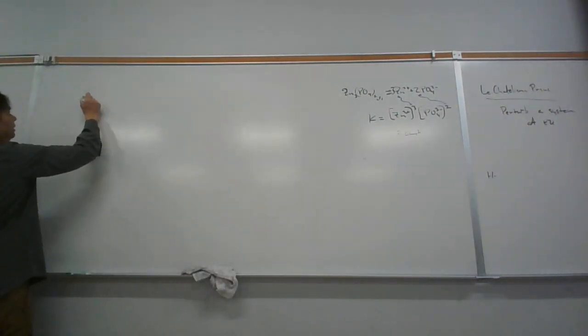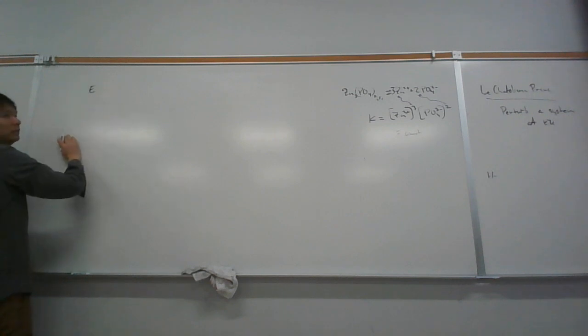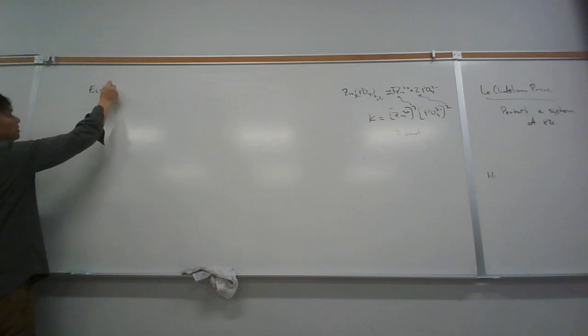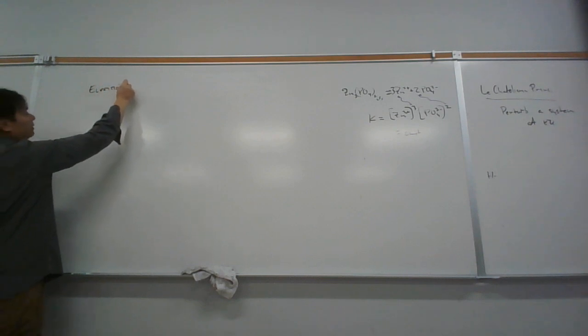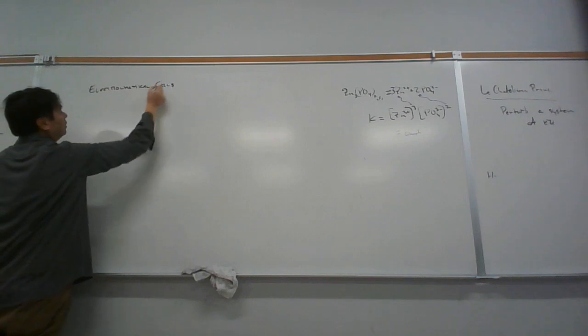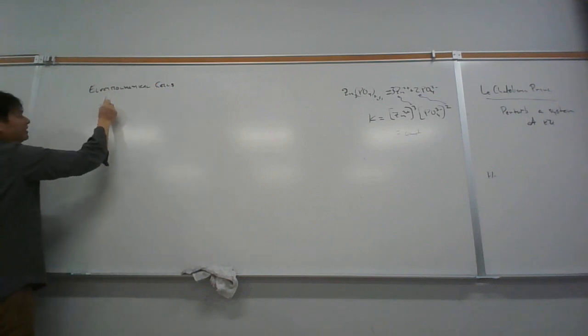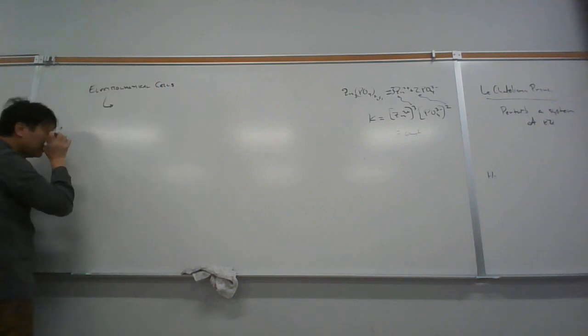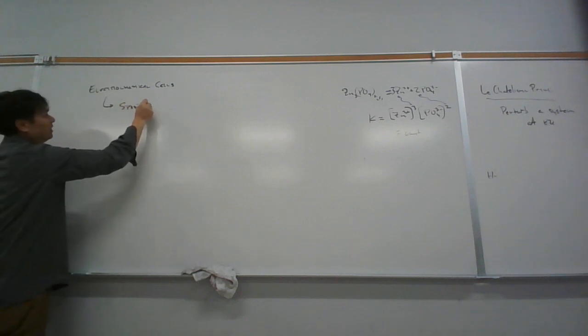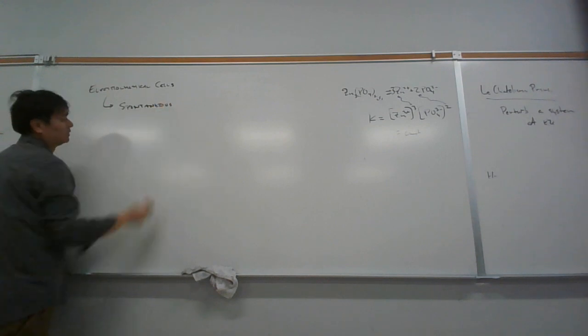And so, chapter 19, your sections are going to be different. So I'm just going to call this electrochemical cells. We have two types of electrochemical cells. We have what are called the spontaneous cells.